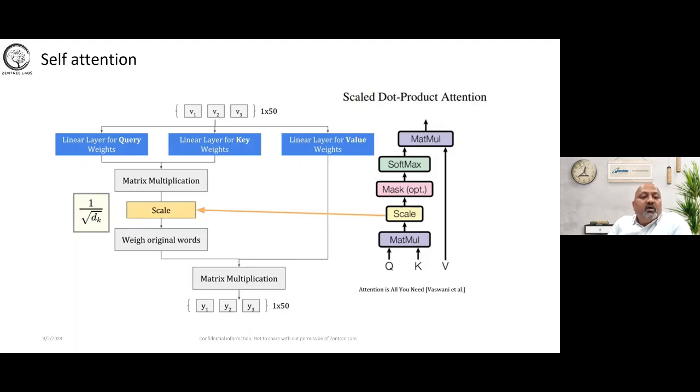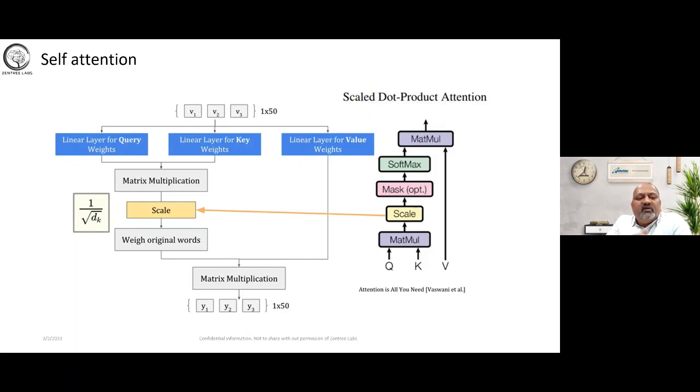Now V1, V2, V3 are passed through MQ and MK. Suppose you see this, query and key matrices can be pre-multiplied, MQ into MK transpose, and this scaling factor is added just to keep the dynamic range in control given a dimensional space.